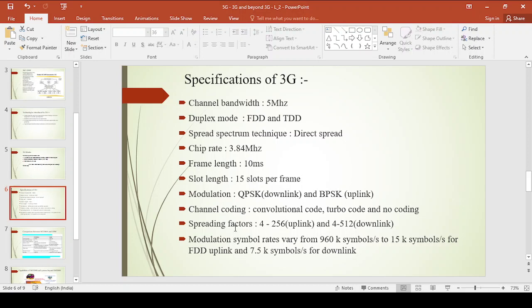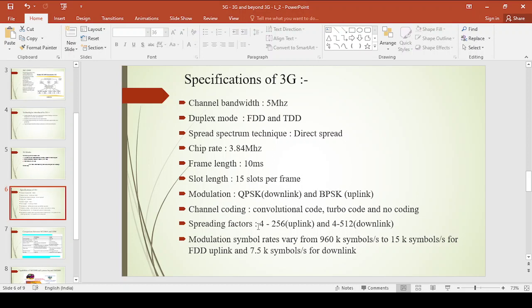Now coming to the next specification, that is spreading factor. Spreading factor is the ratio of chip rate to the actual data rate. As I said in the earlier slide, spreading factor is inversely proportional to data rate.